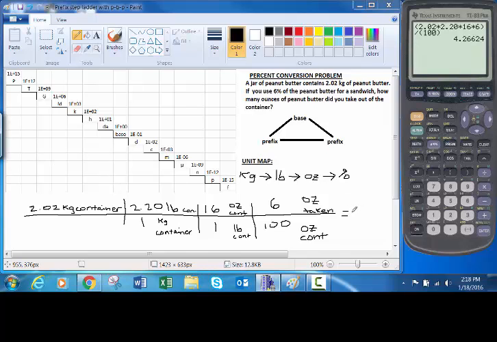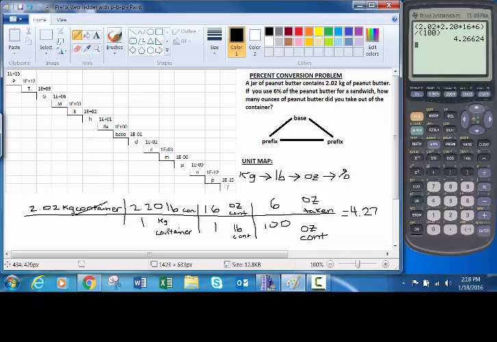So our answer would be 4.26624. In our original problem, we had 3 significant figures. So in our final answer, we would also need 3 significant figures. So our answer would be 4.27.